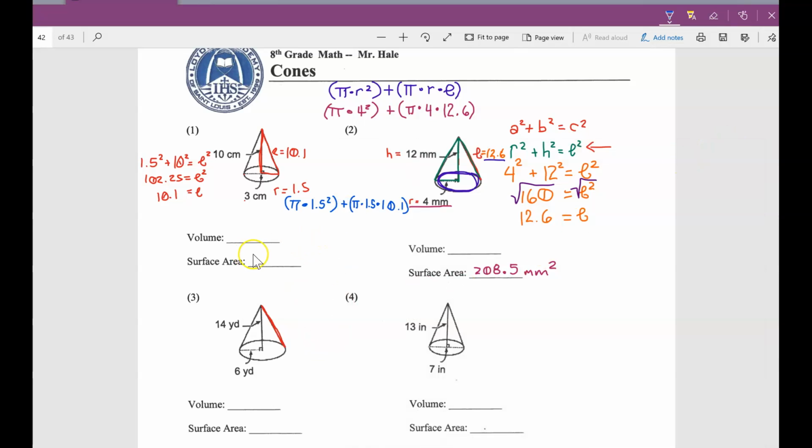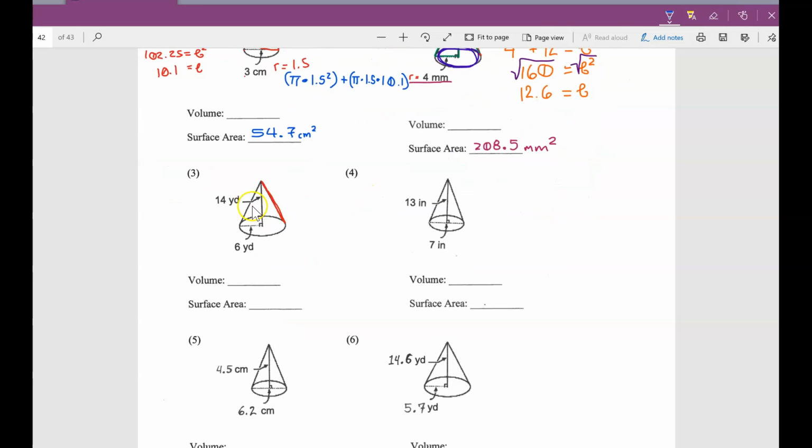So our surface area of this cone is 54.7. The measurements were in centimeters, and surface area is always squared. So you're going to need the radius and the height to find the slant length. And once you know the slant length, you use the formula pi r squared plus pi times r times slant.